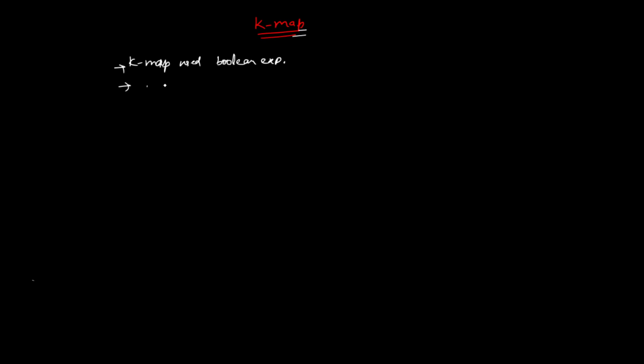So in the K-map, it is having n variables, so the number of cells will be equal to 2 to the power n. Let's see how it is used for simplifying the Boolean expression and how it is going to work.